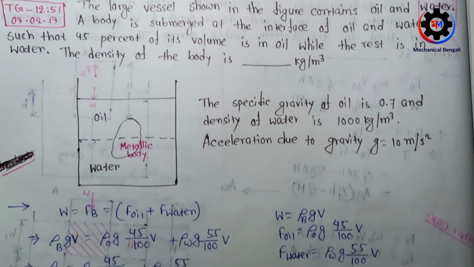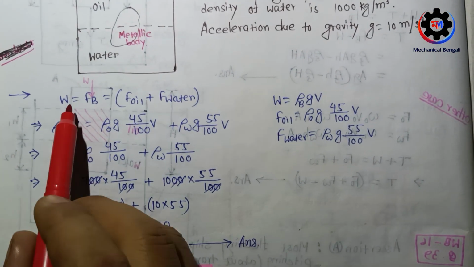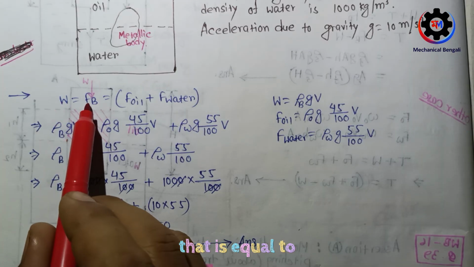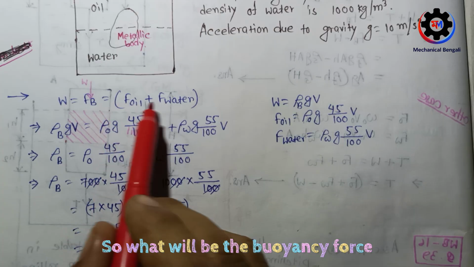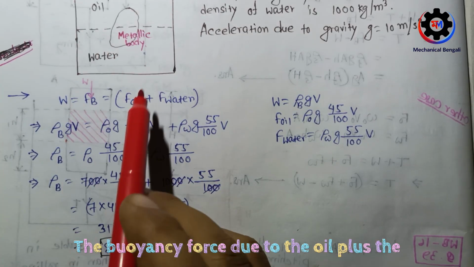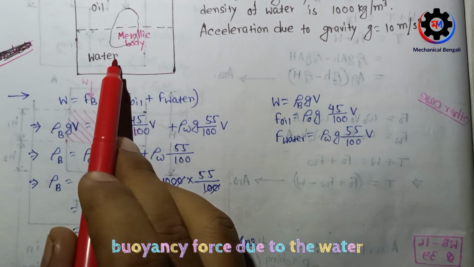So how to calculate that? We know that weight of the body is equal to buoyancy force. What will be the buoyancy force? The buoyancy force due to the oil plus the buoyancy force due to the water.